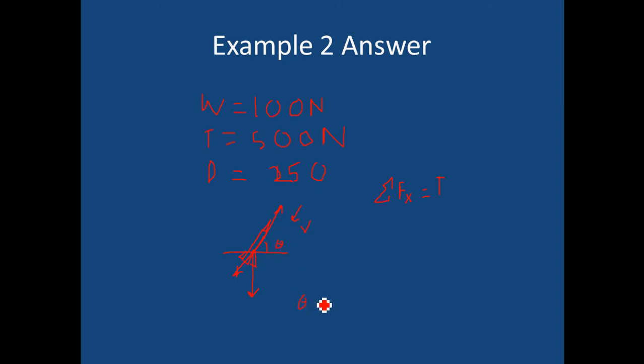Theta equals the inverse tangent of y, which I think was 120, divided by x, which was 10. Let me calculate this quick. I really should have calculated these numbers first. So it equals 85 degrees, 85.2.